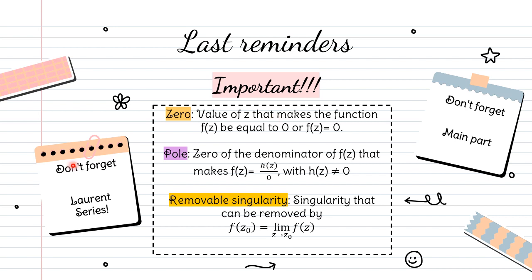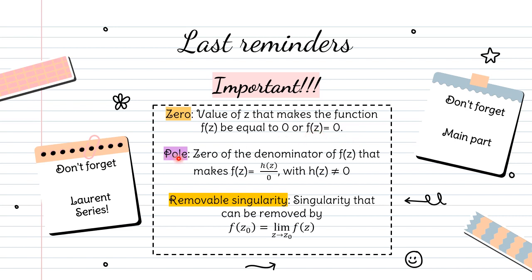So we cannot forget about Laurent series. We cannot forget about the main part of the Laurent series. Remember that a zero is a value of c that makes the function f of c be equal to 0, or be expressed this way.